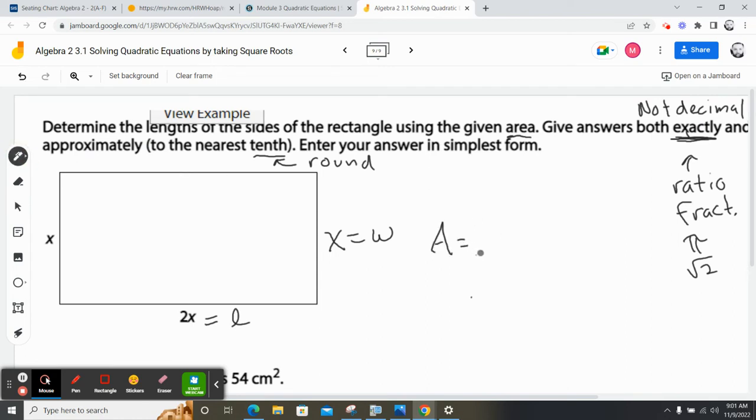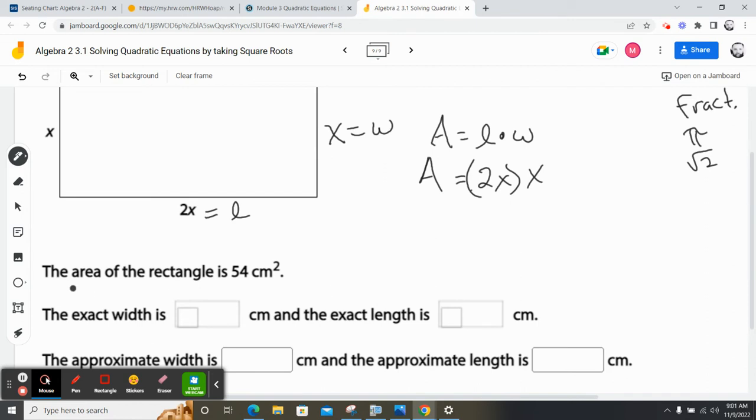It might save you a little bit of time. The area is length times width. Well, what's the length? I said that the length was 2x, right? And what's the width? Just x, okay? Also, they said the area of the rectangle is 54. So I've got 54 is equal to, what's 2x times x?